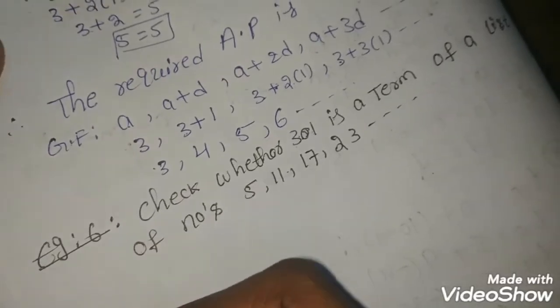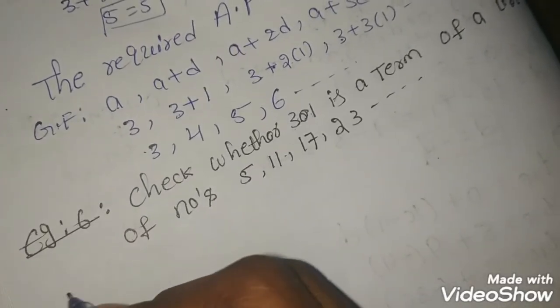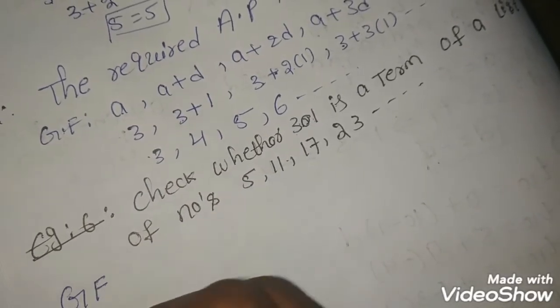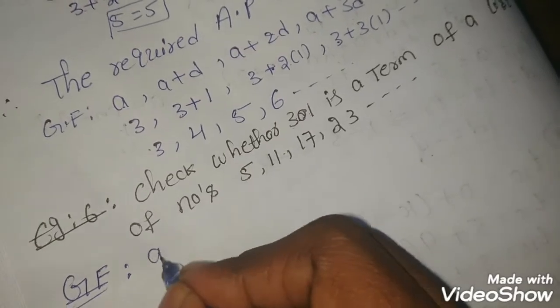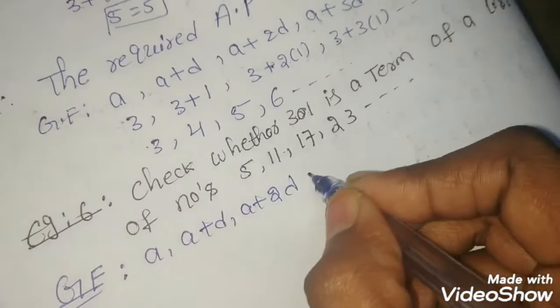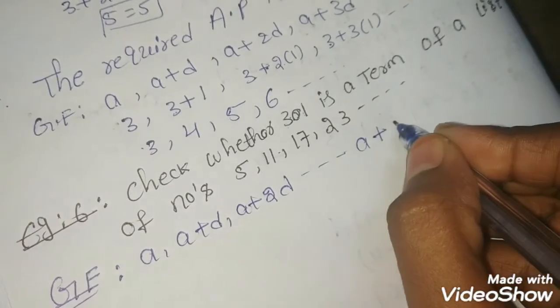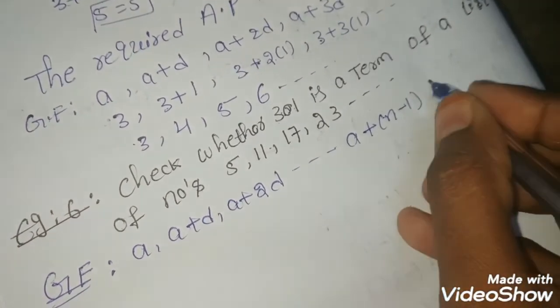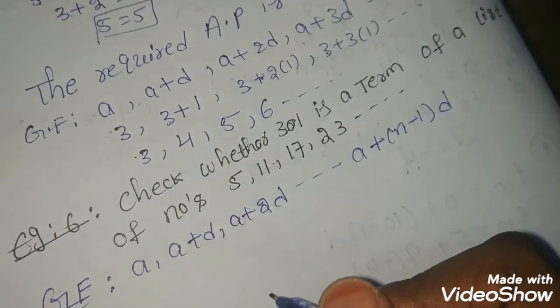See, first of all, write down the general form of arithmetic progression. A plus D, A plus 2D, and so on. What is term n? A plus n minus 1 into D. This is the term n.